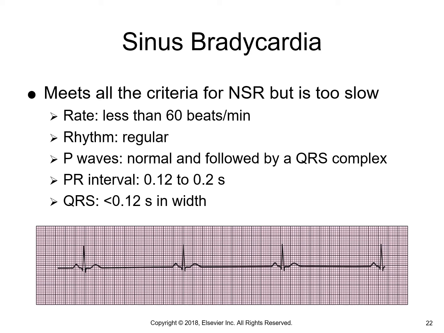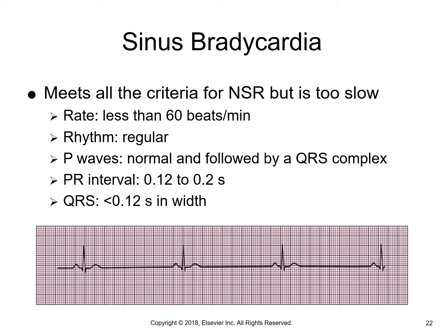Some of the different things that can cause sinus brady can be beta blockers, SA node disease, calcium channel blockers, vomiting, hypoxia, hypothermia, an inferior MI, sometimes sleep, and well-conditioned athletes.